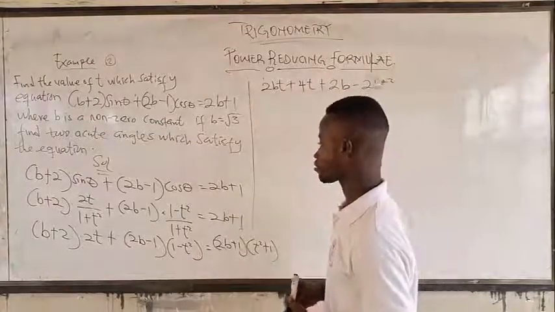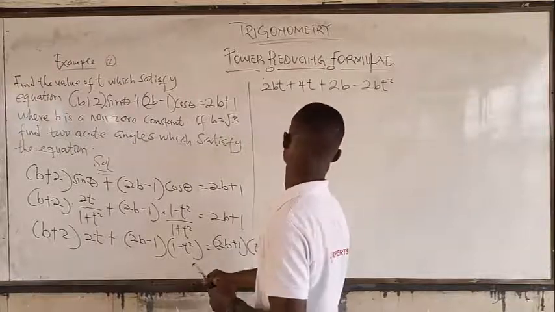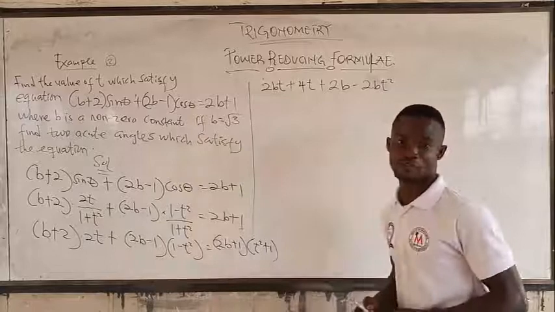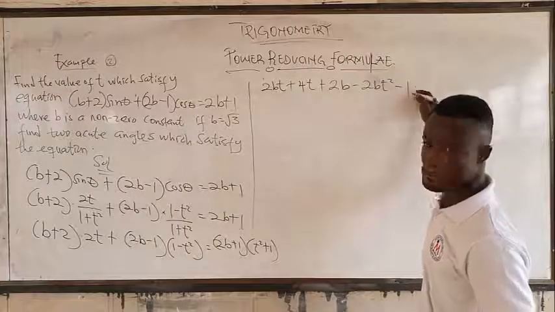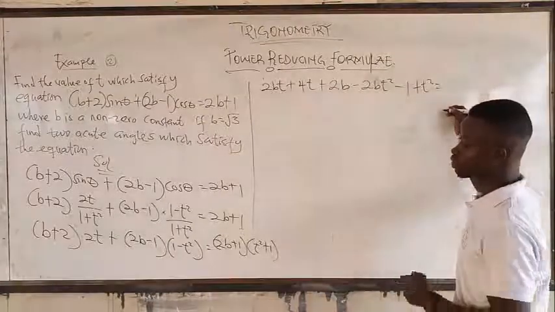We multiply this by this, then this by this. After that, we get minus 1 plus t squared, equal to the other side.